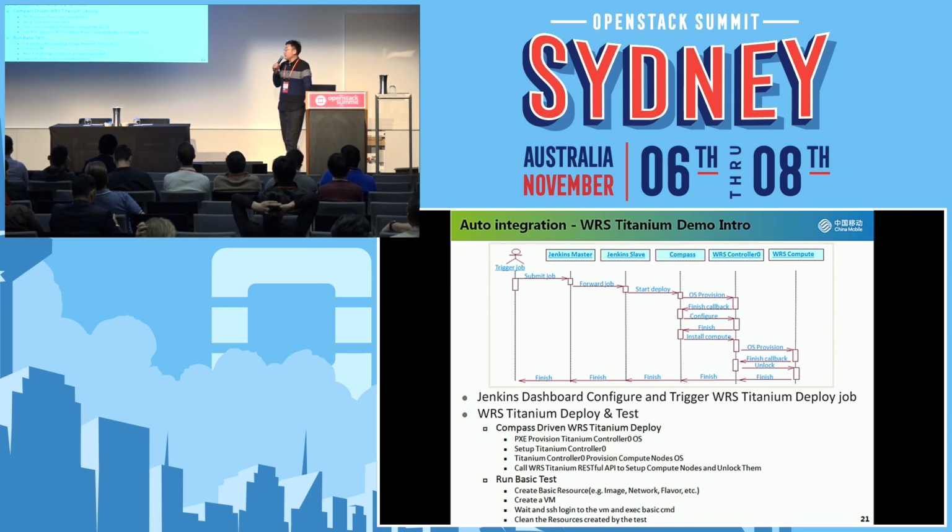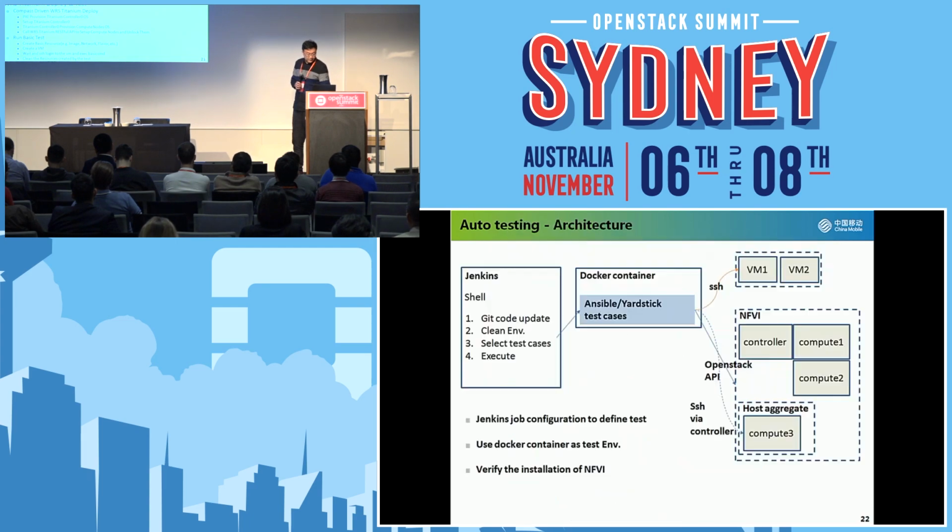For the basic test, the job can create basic resources like image, networks, flavors, and it creates a virtual machine, waits, and SSH logs in to the VM and executes basic commands. And finally, it cleans the resources created by the test.